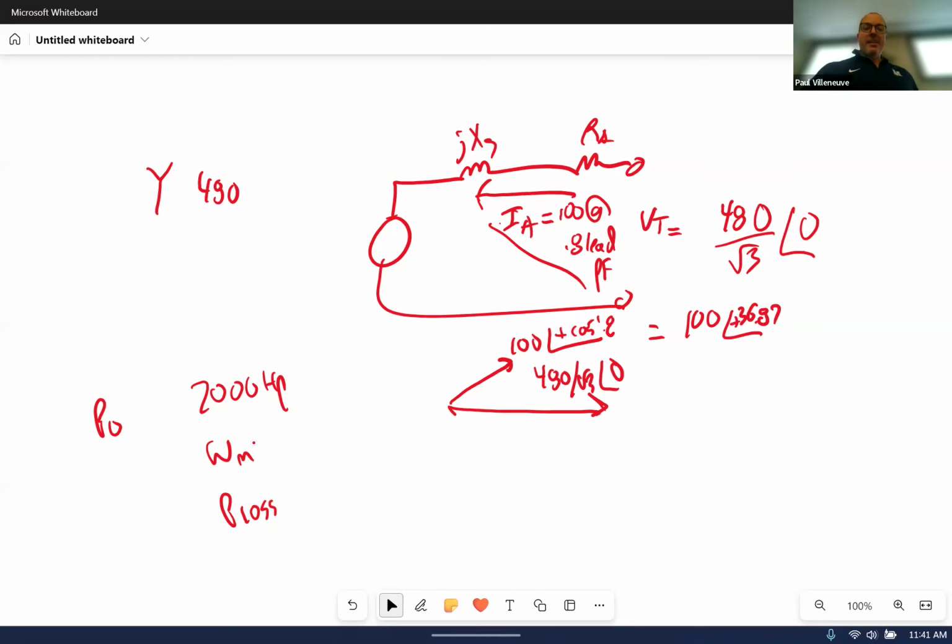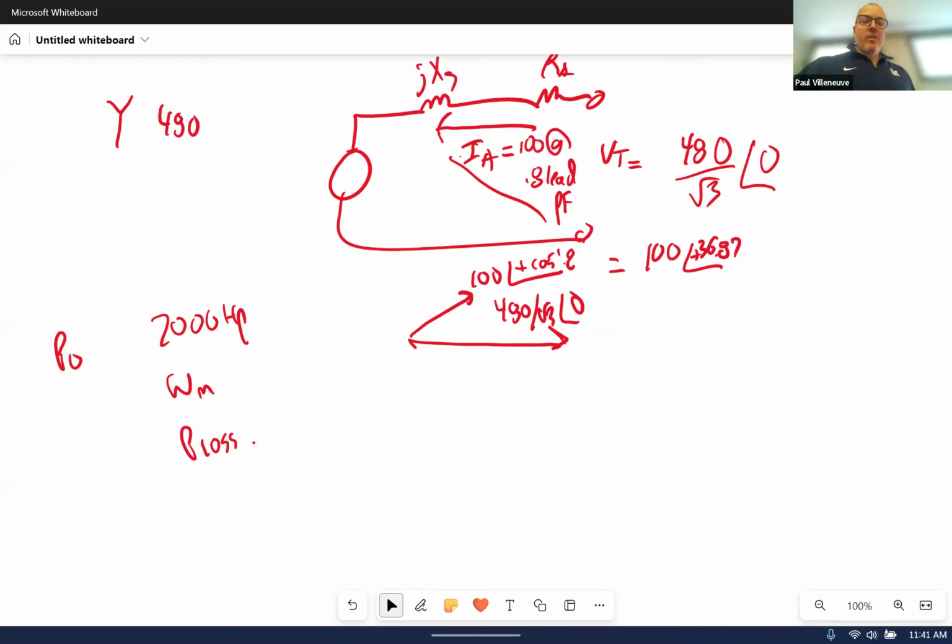At that point, I can say, all right, we know the current, so what would EA need to be to make this machine work? So you need to adjust the field current. So EA, you've got voltage drops in that direction, so you just do KVL.